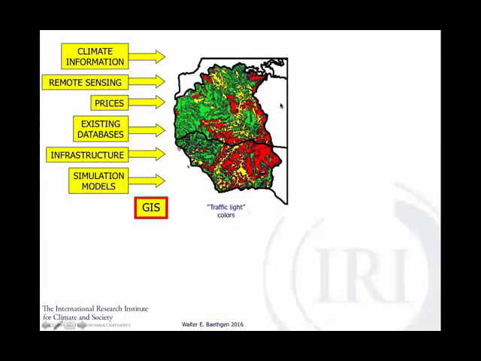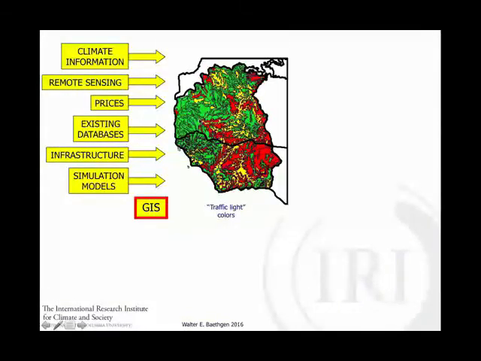And the results are maps like this, maps that are very simple. Behind these maps, you can have a lot of sophisticated science, a lot of sophisticated tools, but we find that if we want to inform, for example, a policymaker, the results have to be expressed in very easily understandable formats.